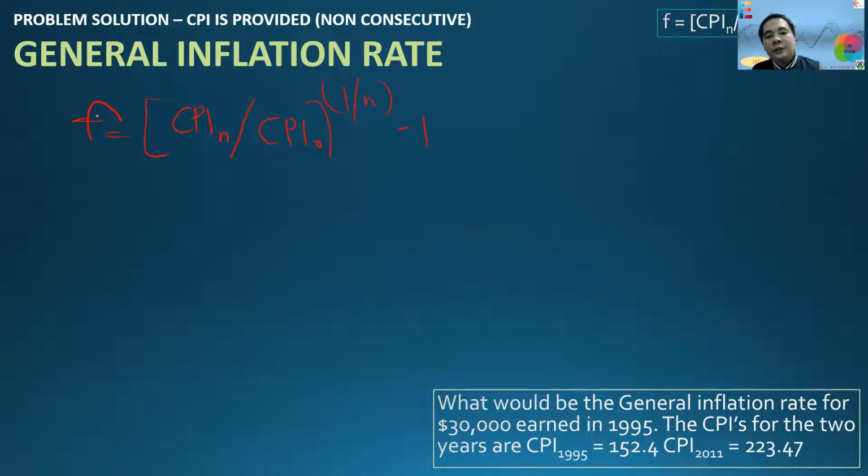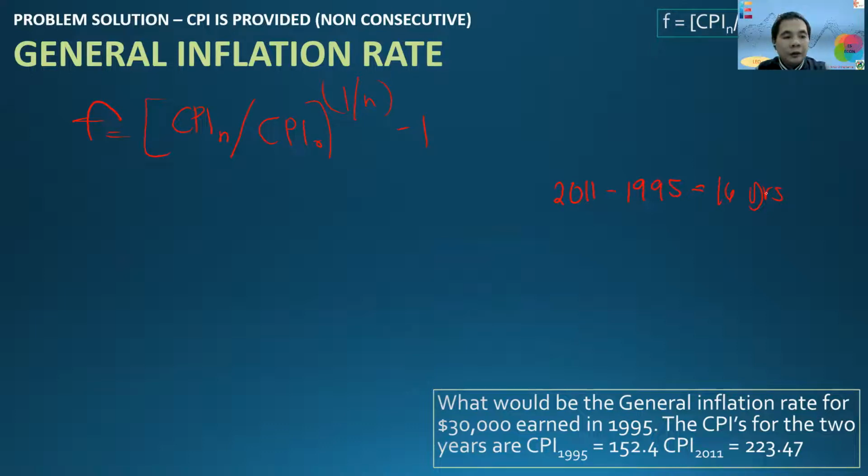So if you look at it, we are trying to find the number of years. So 2011 minus 1995, that is 16 years.